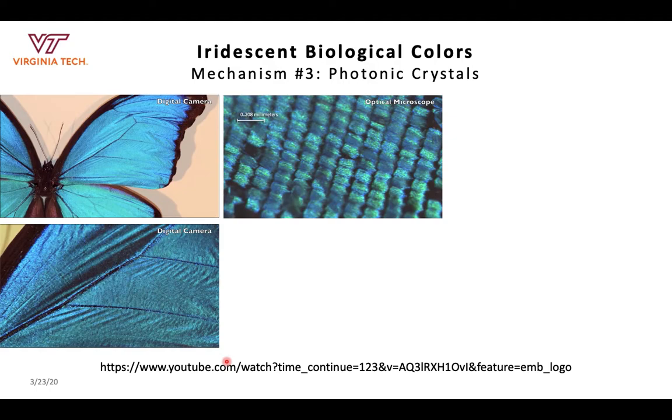Okay. If you go even closer, now we're using an optical microscope. You're seeing we're at the sub-millimeter scale now. You see that these surfaces have a bunch of rows of these smaller structures.